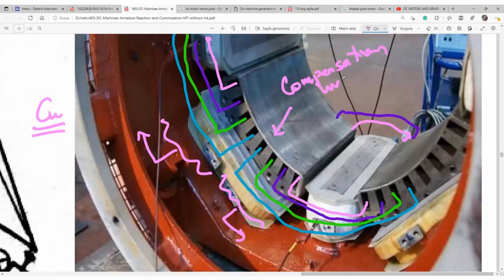winding. All those, that is the auxiliary pole, you see, interpole, that is the main pole.